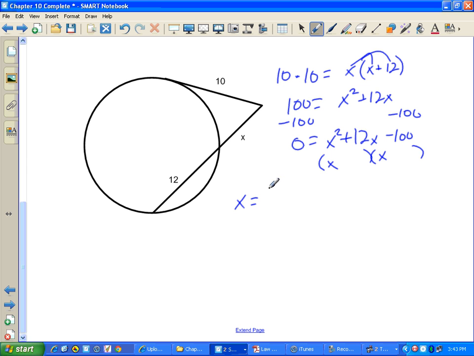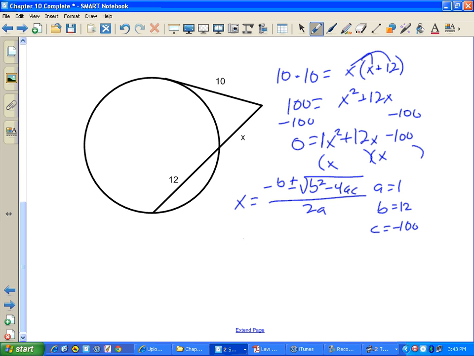So, quadratic formula is negative b plus or minus the square root of b squared minus 4ac, all over 2a. Our a is 1, coefficient of 1. Our b is 12, and our c is negative 100.